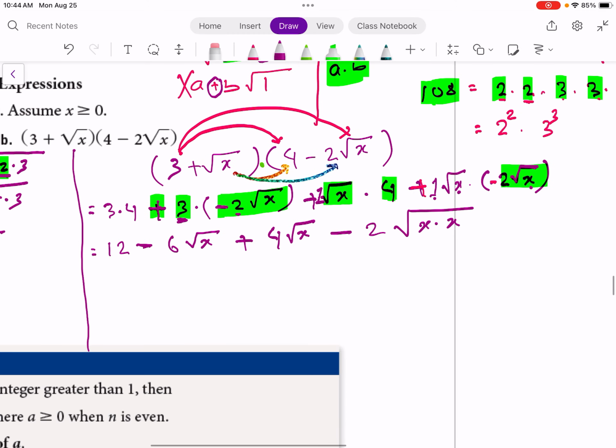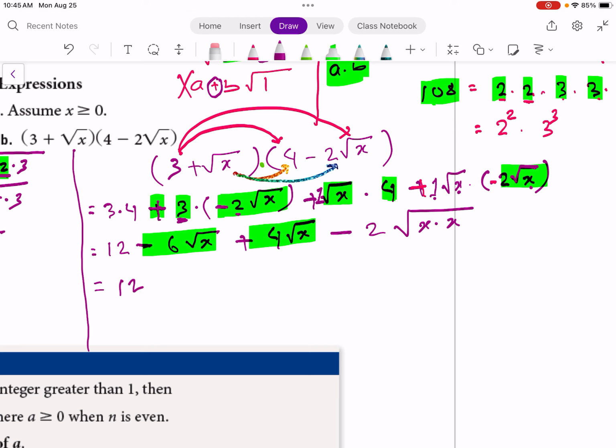Now let's look for the like terms. Are these like terms? What do you think? Yes, right? Same index, which is 2, same radicand x. So we have 12 as it is. Now, how do we simplify?